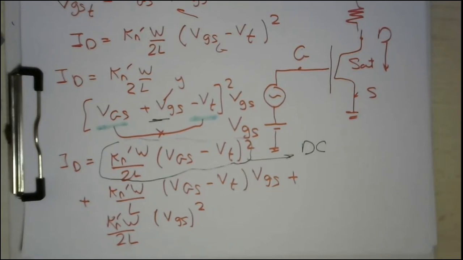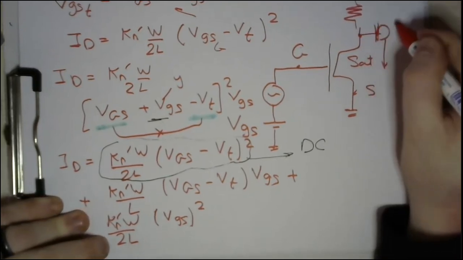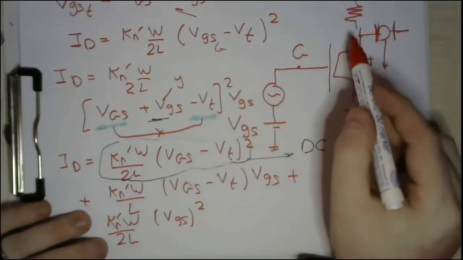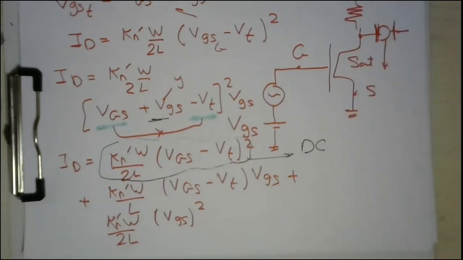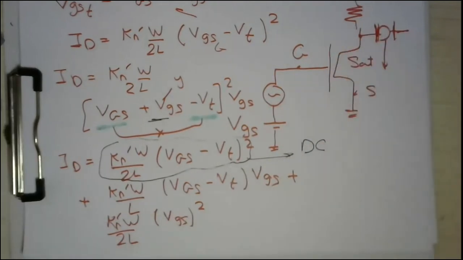How can we neglect it? It's very easy, my dear student. You can just add a capacitor here in the output. If you add a capacitor here, you know that a capacitor will not pass any DC current, because in a DC analysis, capacitors are open circuit, so current is equal to 0.